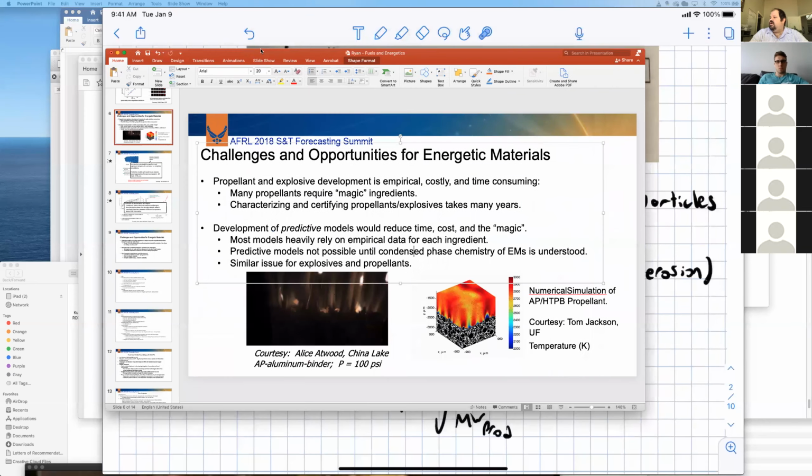But these diffusion flamelets are physically very small just because the AP crystal is very small. The physical distance that the fuel and the oxidizer have to diffuse to come together and meet is very small.